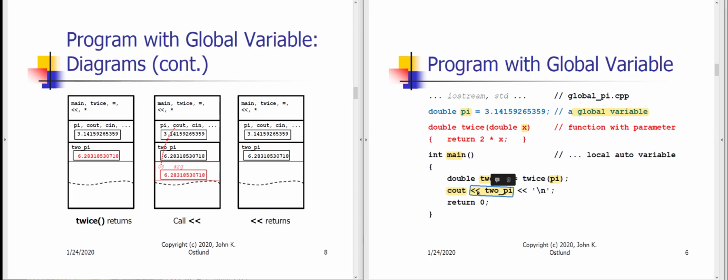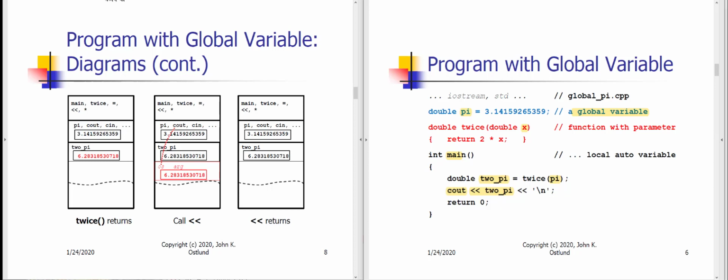It's a function call in disguise. So that value of 2pi gets passed down and becomes the value of the parameter within that insert function. All right, that value is used and displayed to the screen, and when that is finished, the stack frame for that insert function goes away.